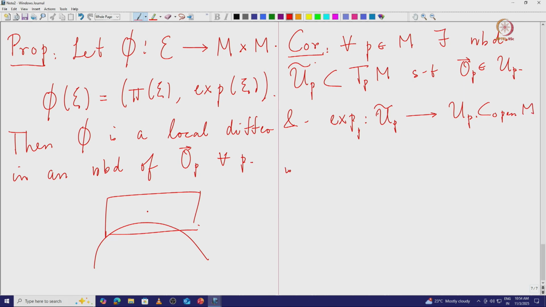So you can always choose a small neighborhood of the origin in the tangent space so that the exponential map is a diffeomorphism onto the image, right. That's just by localizing this proposition at one point. Okay, so the picture is that you have this neighborhood U_p tilde which is, so let us say p is a point here. So this will now be a diffeomorphism on some neighborhood of p on the manifold, right.